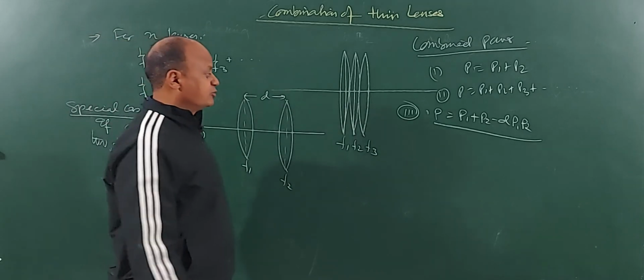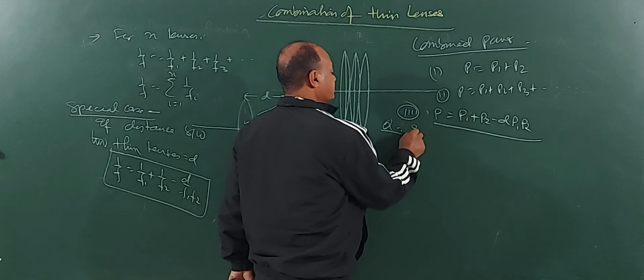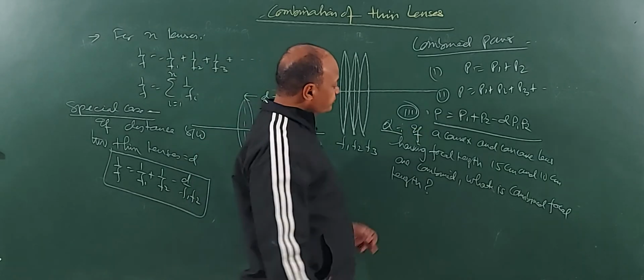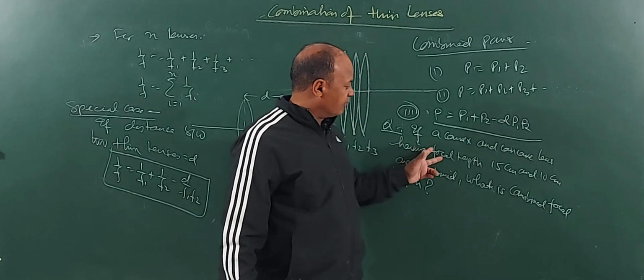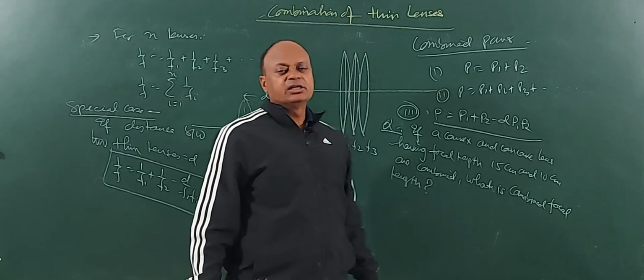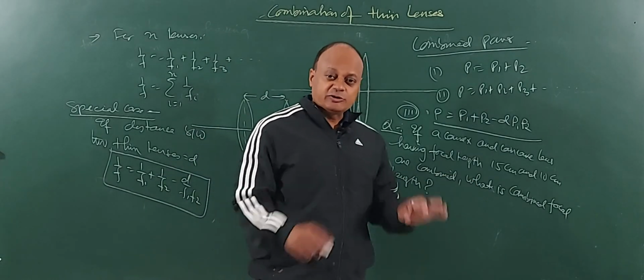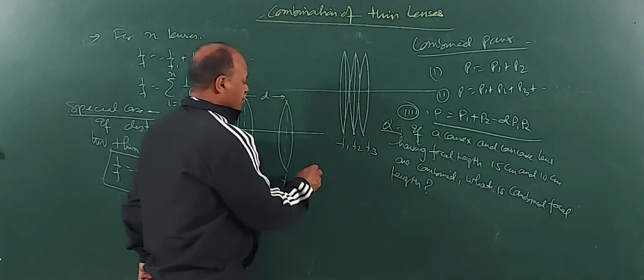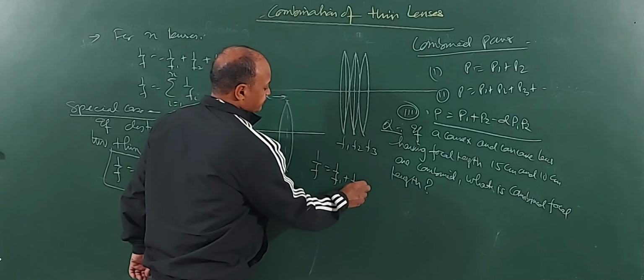Suppose I am combining two lenses. Problem: if a convex lens having focal length 15 centimeter and a concave lens having focal length 10 centimeter are combined coaxially, what is the combined focal length? Now you have to be very careful. 1 by f will be equal to 1 by f1 plus 1 by f2.